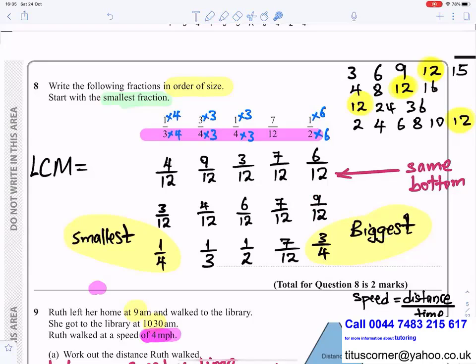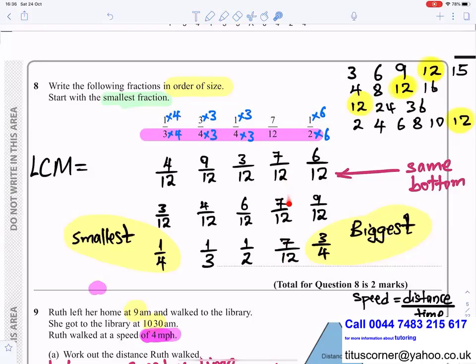Now you can write them in the original way they gave in the question. 3 over 12 is 1 over 4. 1 over 3, you go back and look up there, is 4 over 12. 6 over 12 is 1 over 2. 7 over 12 stays the same because we didn't change it.